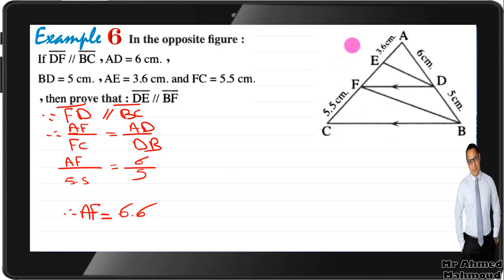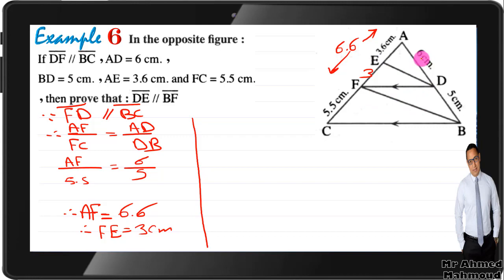So AF equals 6.6. So FE equals 6.6 minus 3.6 equals 3 centimeters. Now I have to prove that ED is parallel to FB.